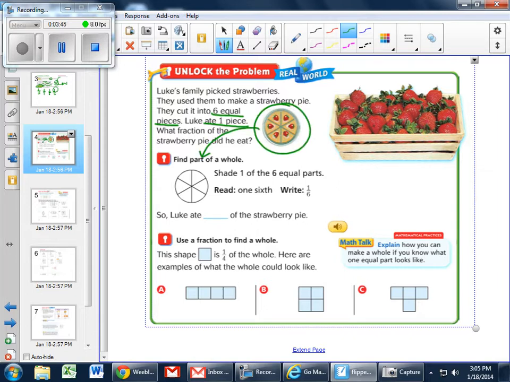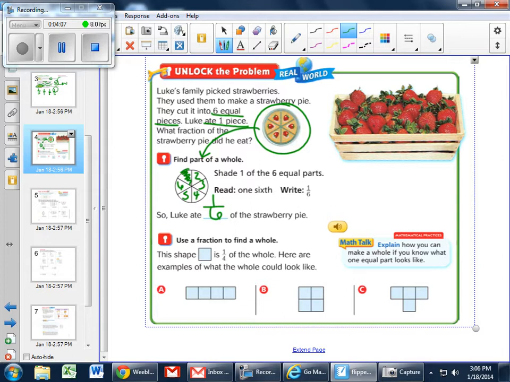We're going to find a part of it. They cut it into 6 equal pieces, and Luke ate 1 of those pieces. So he ate 1 out of the 6 pieces. So he ate 1/6 of the strawberry pie.